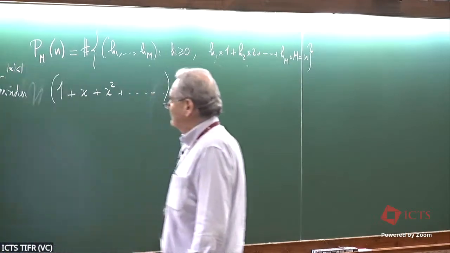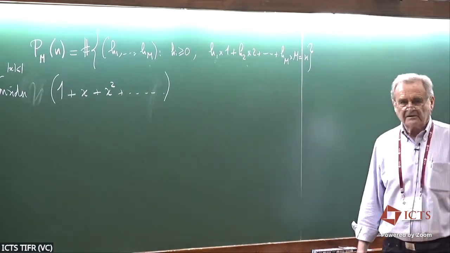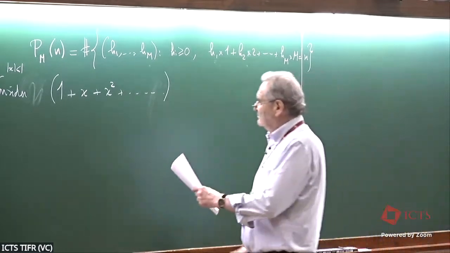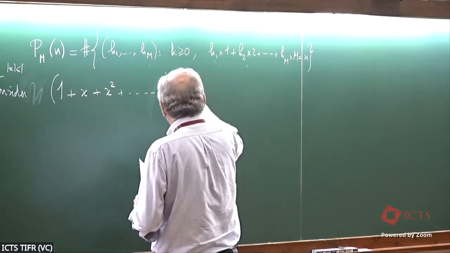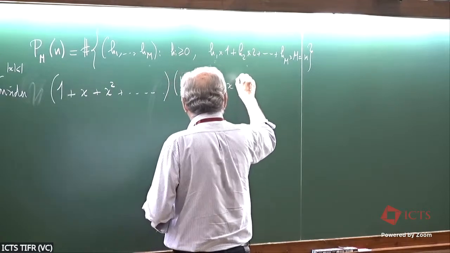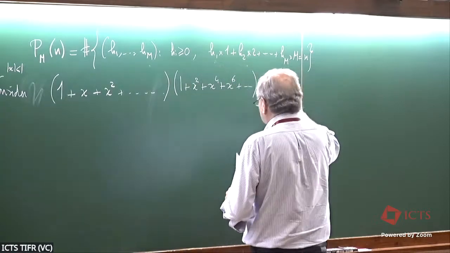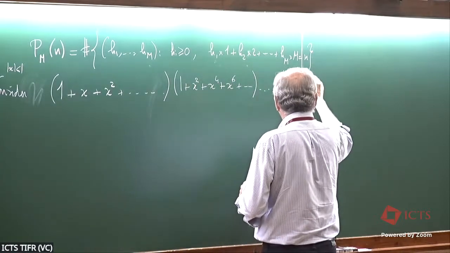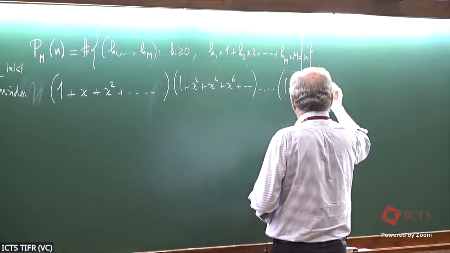You may consider that it is a complex number if you wish, but we are essentially going to look at real values. Oh, no, we are going to consider complex values also, no problem. Okay. 1 plus x2 plus x4, all the even numbers, multiples of 2, plus blah, blah, blah, up to 1 plus xm plus x2m plus blah, blah, blah.